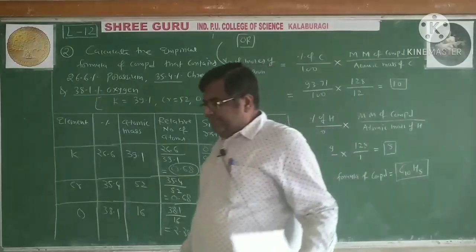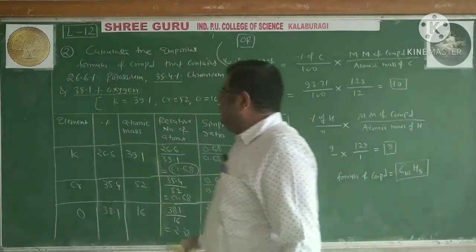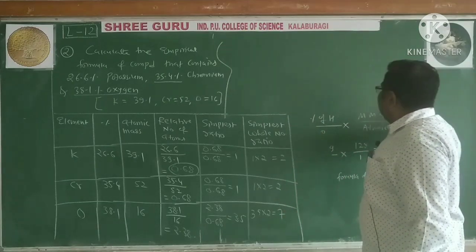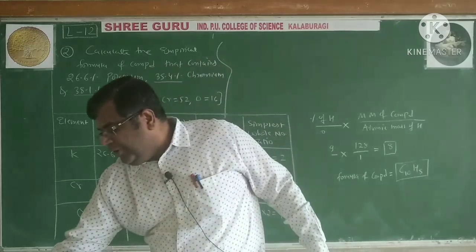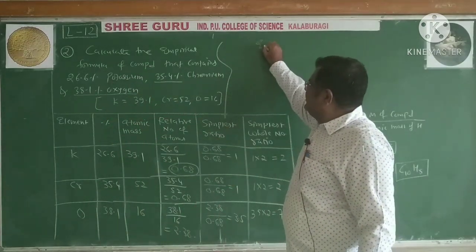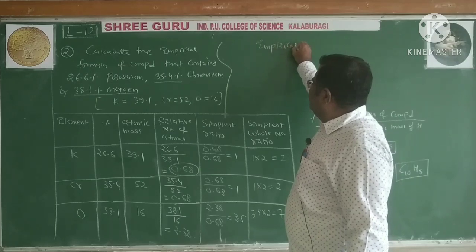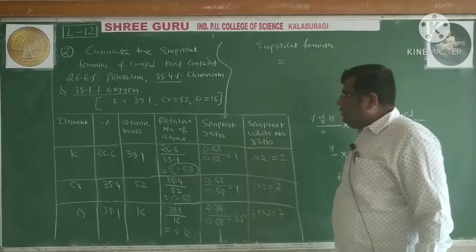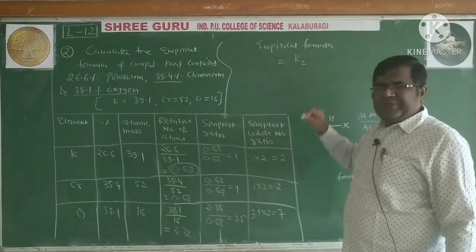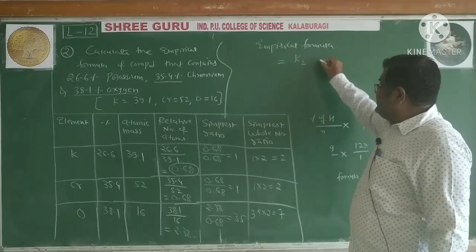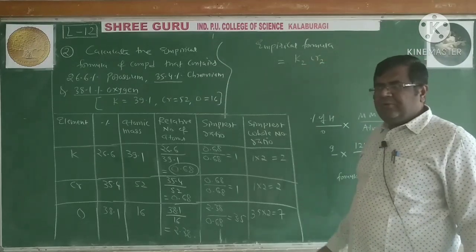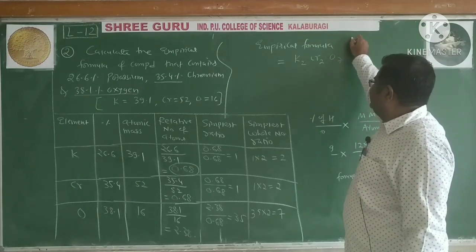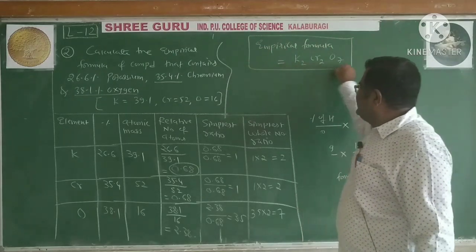Now the last step is to calculate the empirical formula. We can write the empirical formula as K2Cr2O7. Yes, this is our answer.